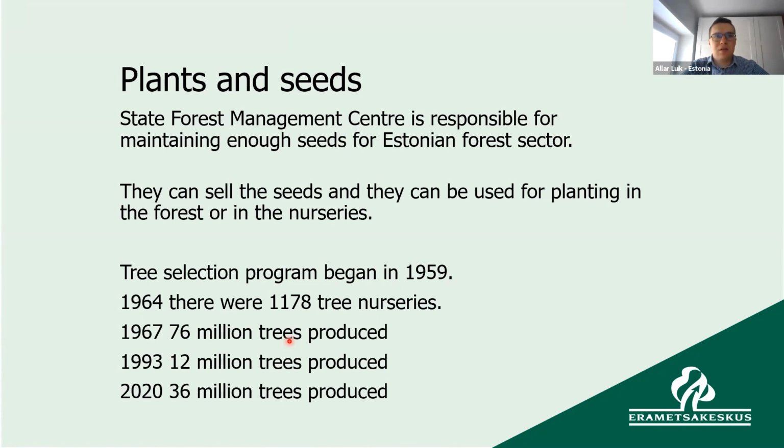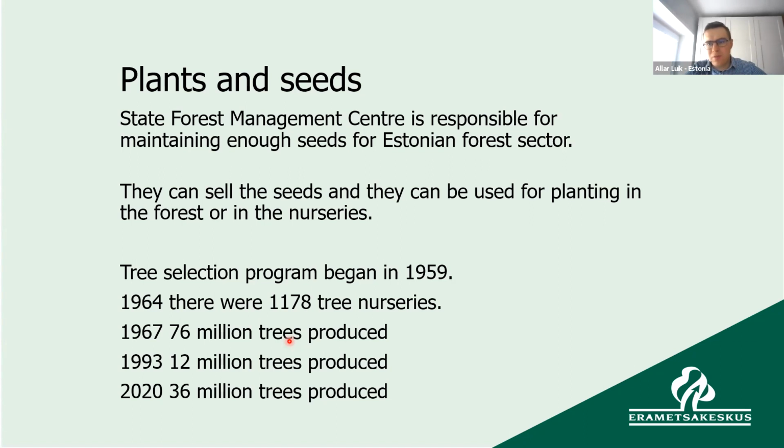In 1964, there were about 1,100 tree nurseries in Estonia. Most of them were quite small. The average size was 2,500 square meters. But they actually produced very many trees, and in 1967, the maximum number of 76 million trees were produced.